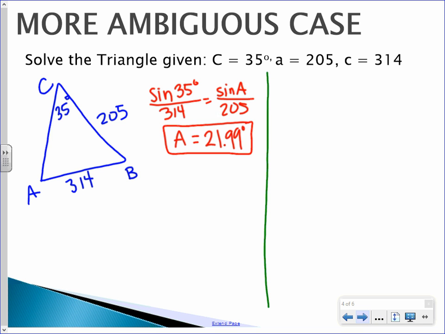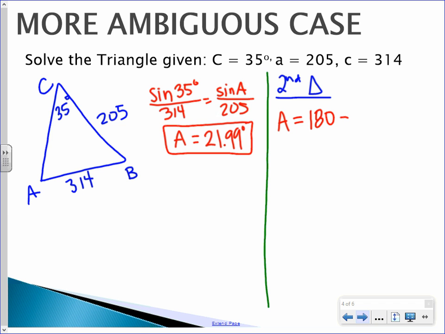In our second triangle, to find angle A, Callie, what do we do? We're going to go to the second triangle for angle A. Yeah, we need to find the supplement. So it doesn't matter if it's angle A, B, or C. It matters that it's the first angle that we're finding.